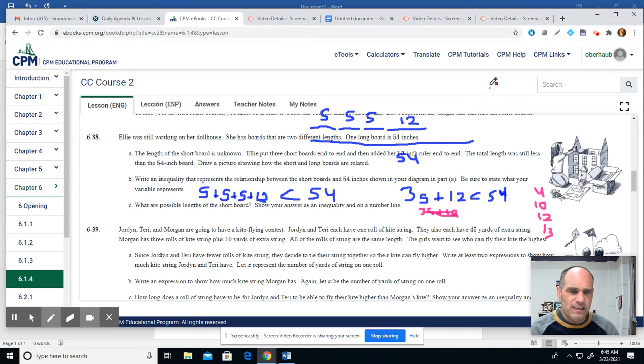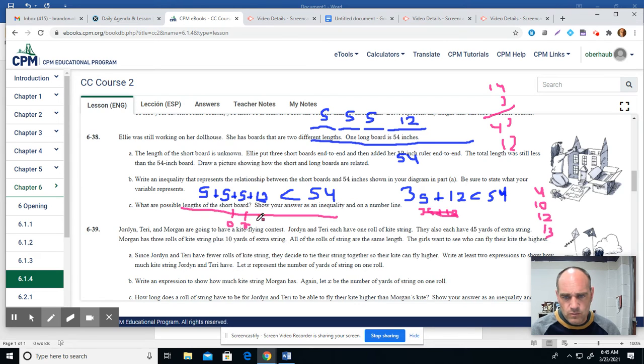I wonder if 14 works. 3 times 14, hold on, 14 times 3 is 42. Plus 12 would be 55. So 14 doesn't work. So I think any number less than 13 is going to work. If I want to show this on a number line, I'm going to go by 2's this time.